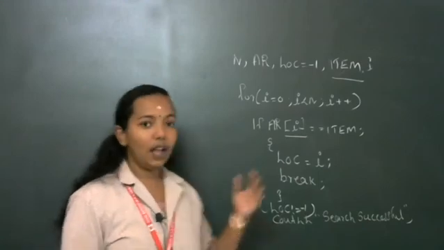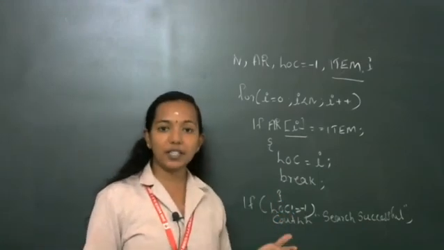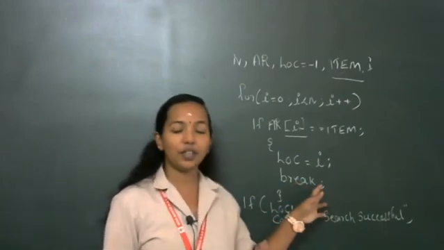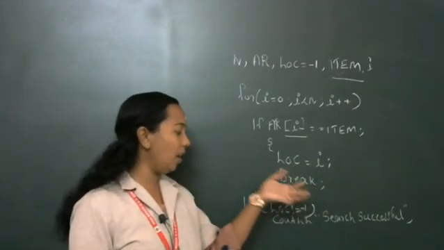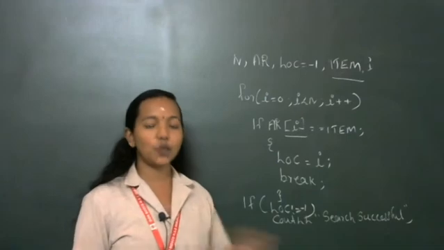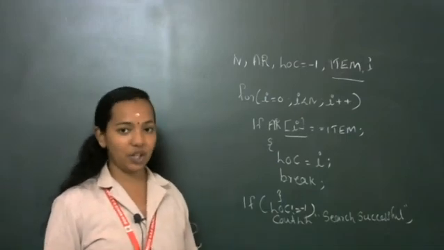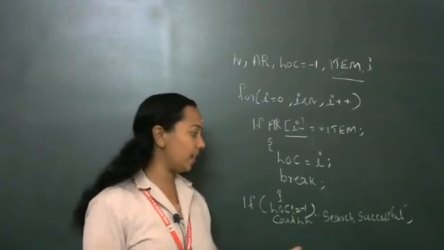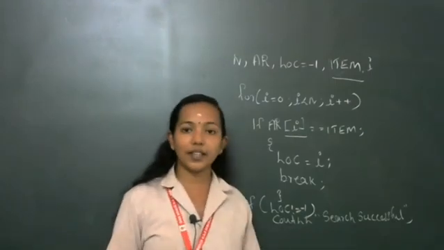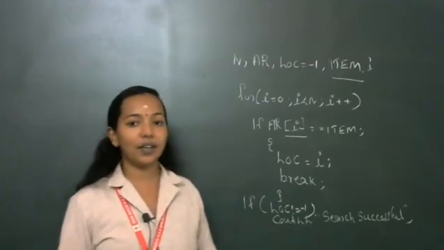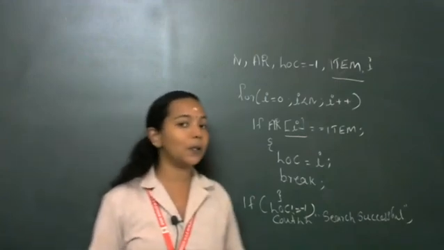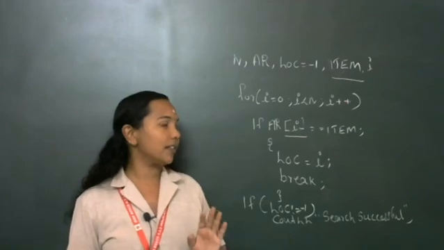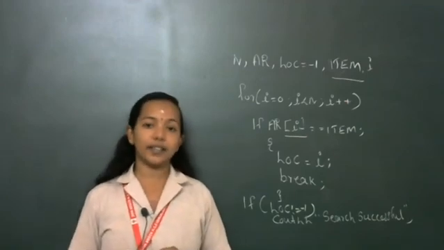If the item is present, at that moment we can terminate, which is why we use a jump statement called break. Then if LOC is not equal to -1, cout search is successful, otherwise it is unsuccessful. Clear? So hope you understood. This is the program for linear search.